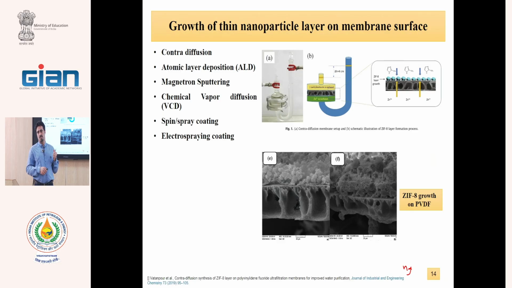But high technologies, such as atomic layer deposition and magnetron sputtering, give a very, very uniform form. Why do I speak about magnetron sputtering? We have different types of sputtering.